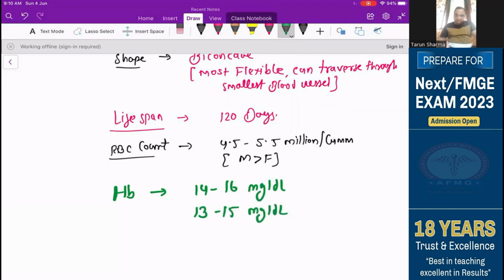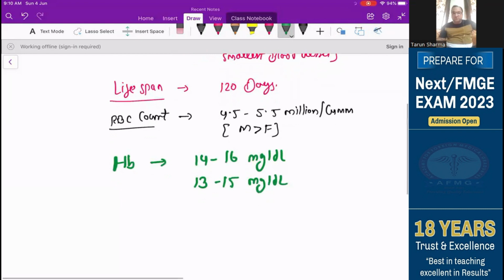Okay, so hemoglobin is very, very important for your questions purpose. Why? Because most of the time you will be given hemoglobin concentration in your questions. Okay, so you must be knowing what is normal and what is abnormal about the hemoglobin concentration. So hemoglobin will be more in males as compared to females.